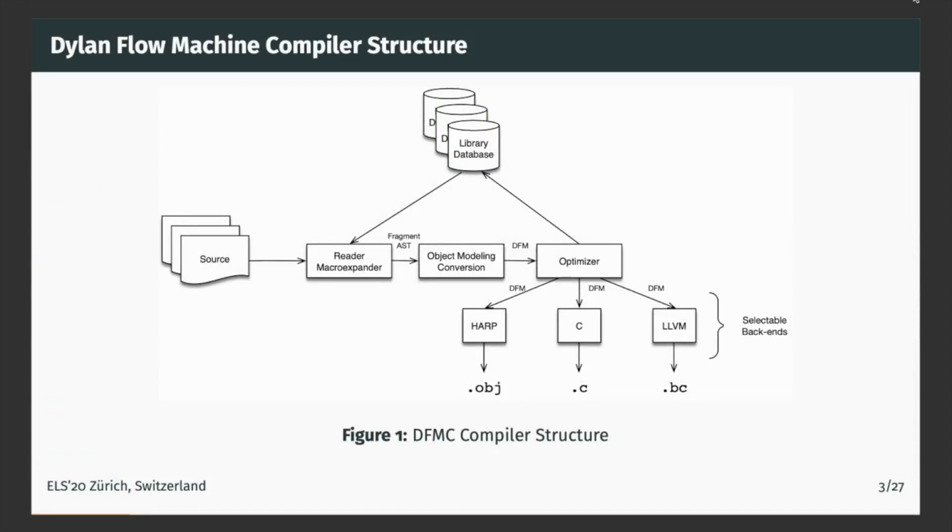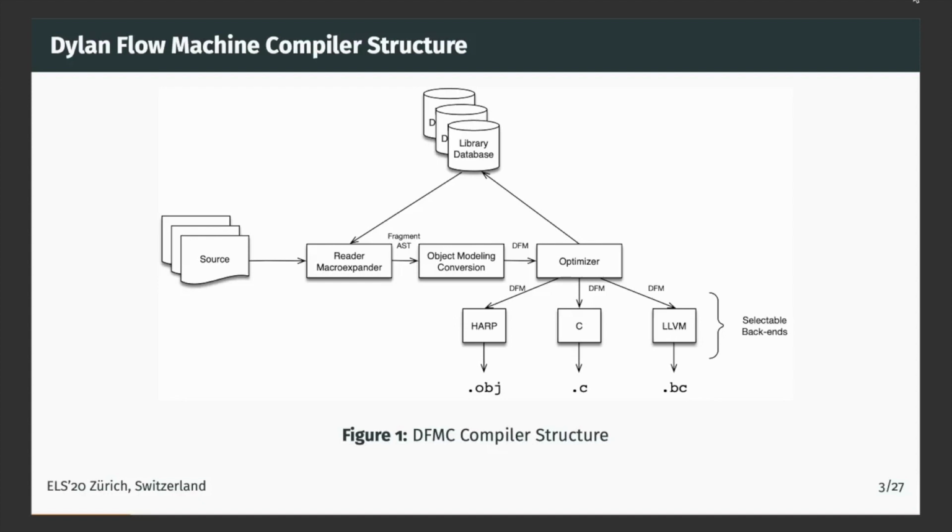This is the basic structure of the Dylan Flow Machine Compiler, DFMC. A reader parses the infix syntax of the language and builds abstract syntax trees. The macro expander expands macro definitions, also operating at the abstract syntax tree level. Modeling and conversion phases turn ASTs into compile time object definitions and the Dylan Flow Machine intermediate code representation.